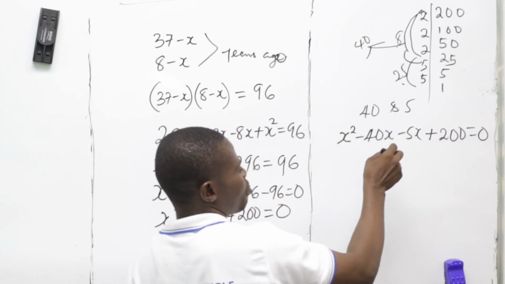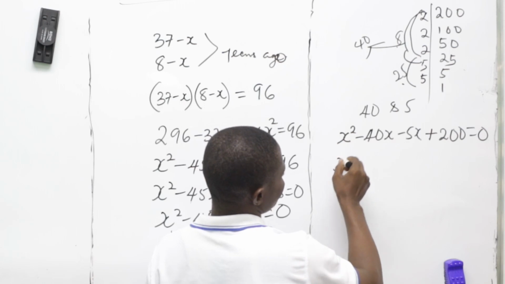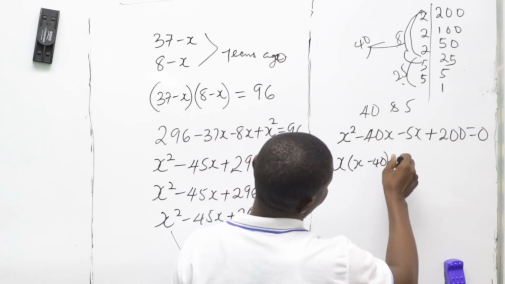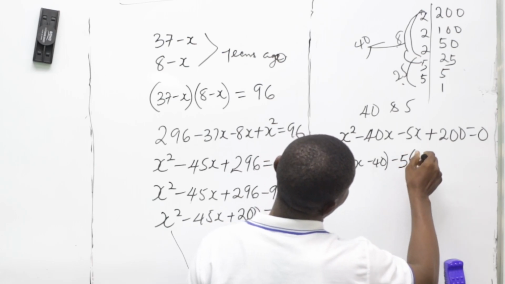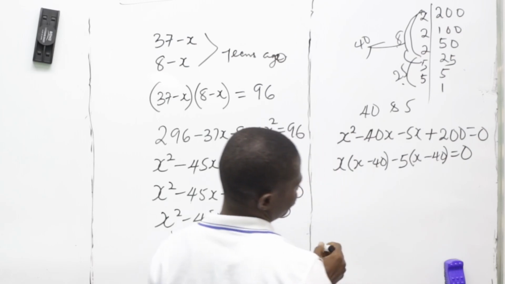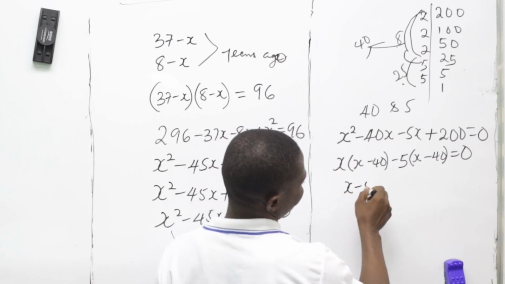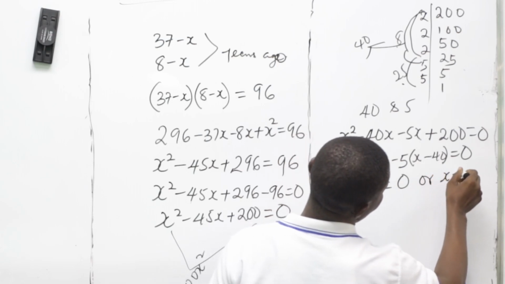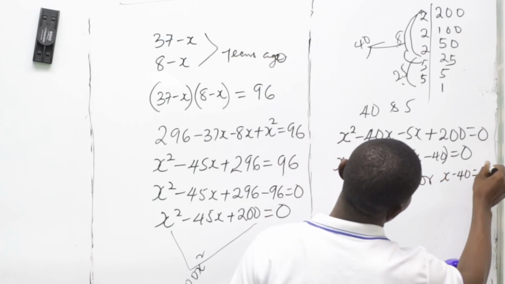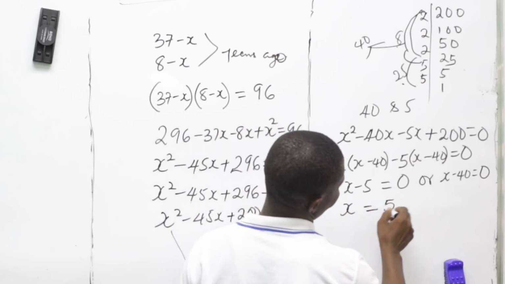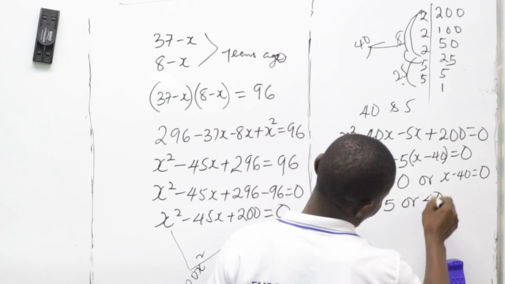So this is the right number here. X into x minus 40, minus 5 into x minus 40 equals 0. So that x minus 5 is 0 or x minus 40 is 0. Now x equals 5 or 40.